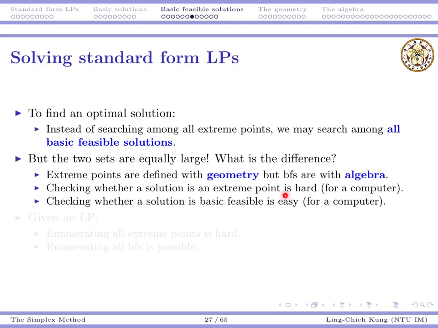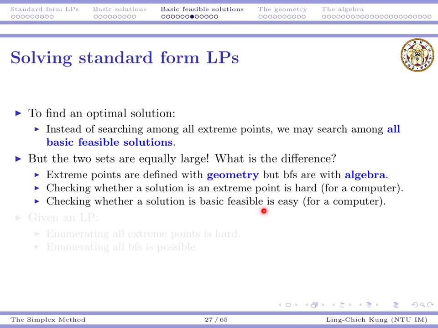But if I give you a solution, a basic solution with several numbers, and I give you a standard form, then verifying whether it is basic feasible is easy, right? If you want to write a program, that can be done in a short time, because all you need to do is to check the number of zeros and whether it satisfies those equality constraints and the non-negativity.